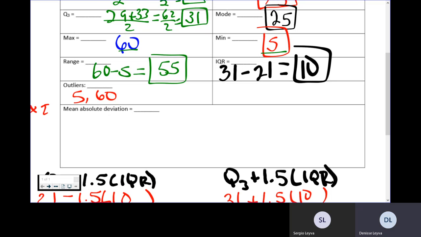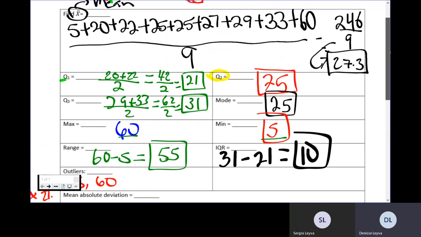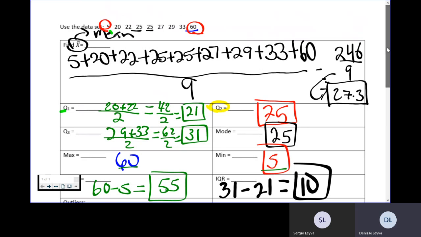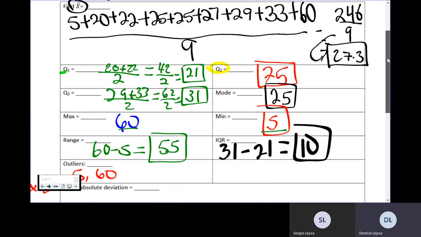Is it 27.6 or 27.3? 27.3. Okay. And I'm going to subtract every single one of my numbers from 27.3. So I'm going to do 27.3 minus 5, 27.3 minus 27, 27.3 minus 22, and so on.